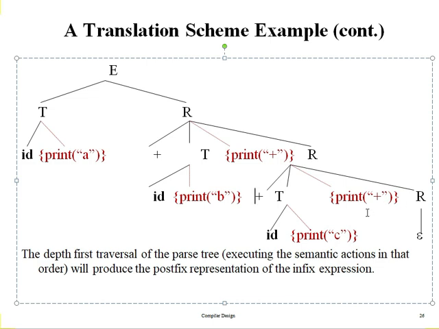So finally we have id, then print c, then R2 epsilon.